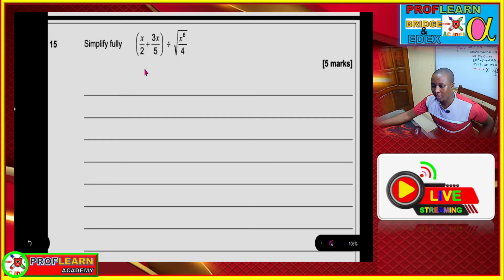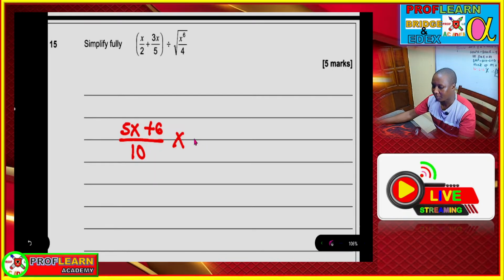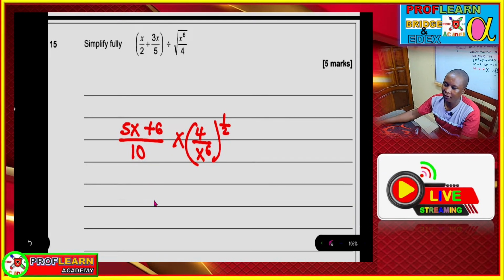So we can express this as a single fraction, and this is going to translate to 10. And 5 multiplied to the other side, we shall have 5x. 2 multiplied to the other side, we shall have plus 6 times 4 over x raised to power 6 raised to power a half, because square root is a half, and because of division I've flipped them upside down.